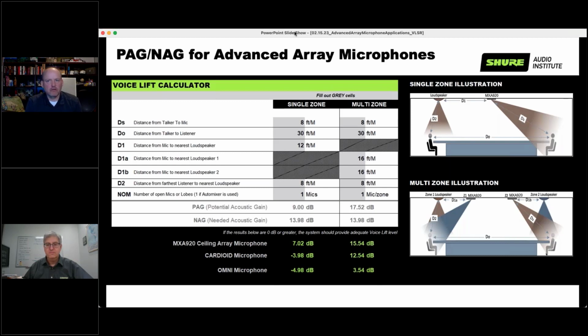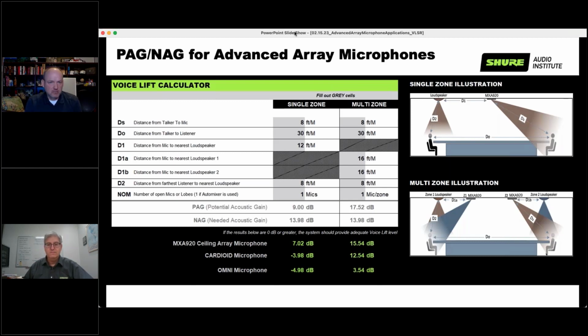And with a standard omnidirectional microphone, in the room that we're going to show you as an example, which is a room that would be barely large enough for voice lift, with the omnidirectional single zone, we would never be able to accomplish it. The MXA 920 will give us about 7 dB above the noise floor in that single zone, but we need about 13, 14 dB of pickup in that zone.